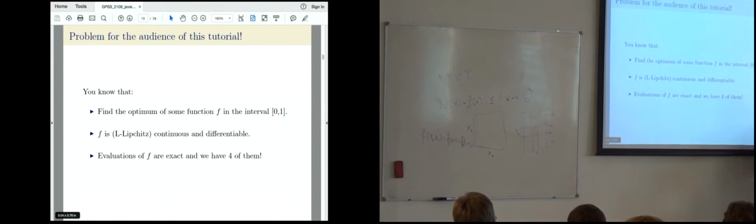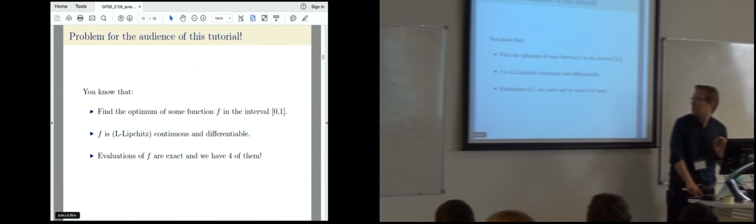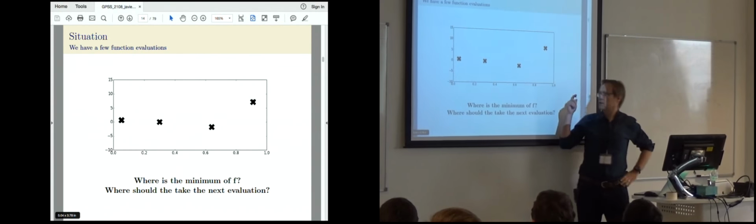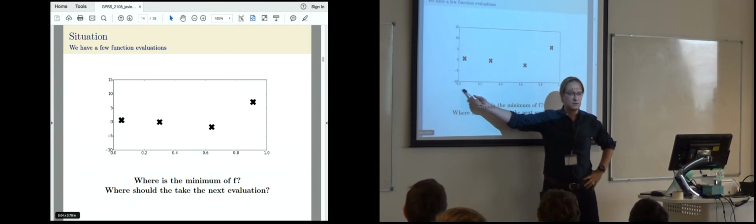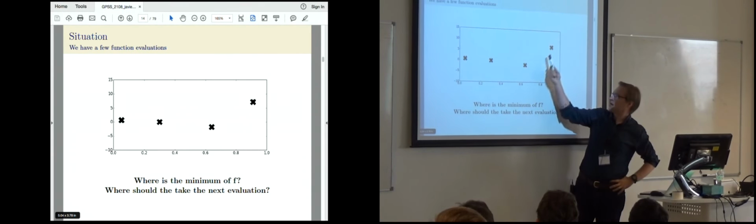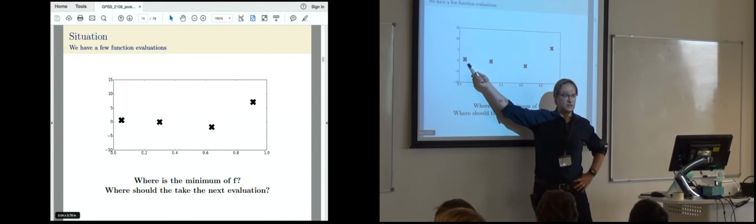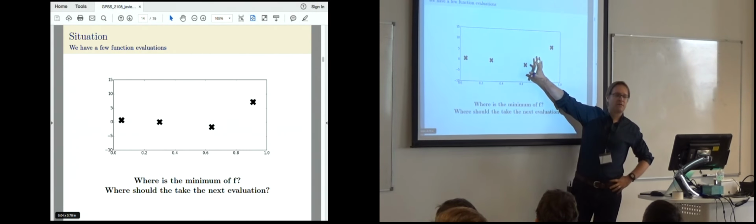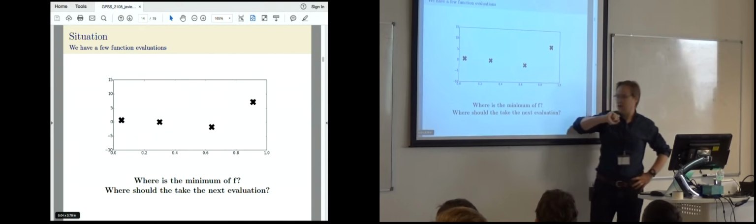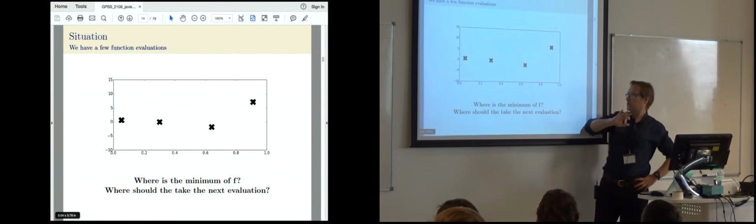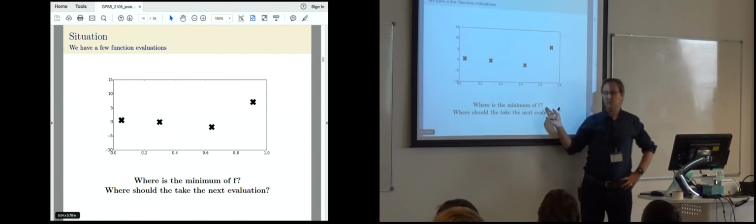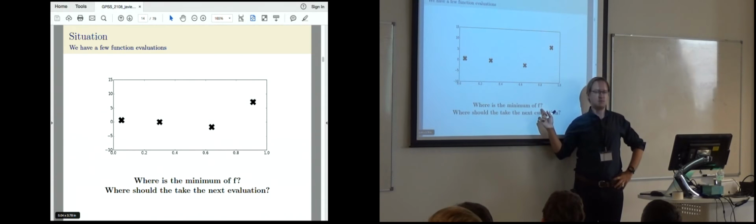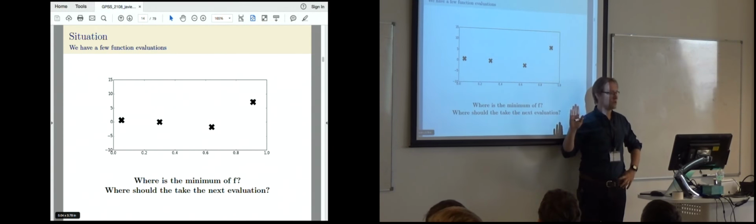And I want you to think for a moment about 2 questions, right? So this is the input domain, something between 0 and 1. These are 4 evaluations that I have collected from my function, right? And we want to find the optimum of f, right? So I'm going to ask you 2 questions. The first one is, where do you think the minimum of this function is, given the information that you have?